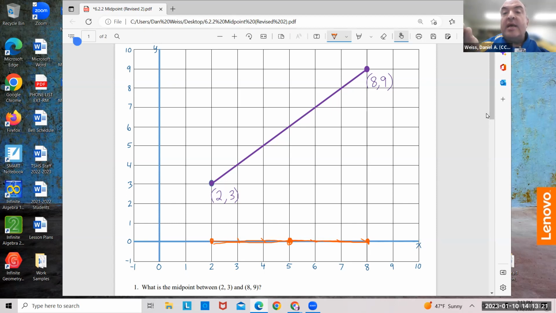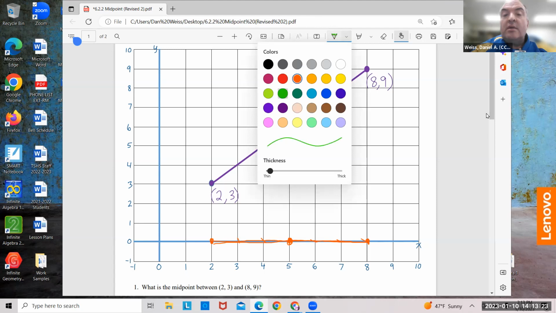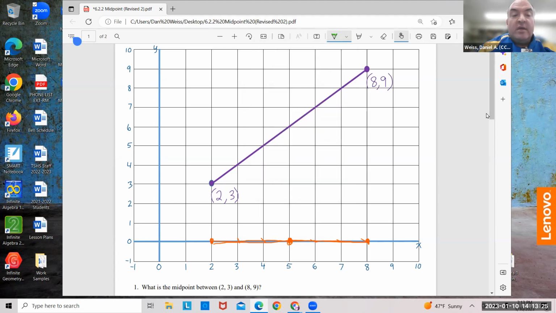Okay. Now, how about over here? Let's talk about, this is 3 and this is 9. From 3 to 9 is also 6, right? So halfway is also going to be 3. 1, 2, 3. Okay. So we've got 6 and 5.